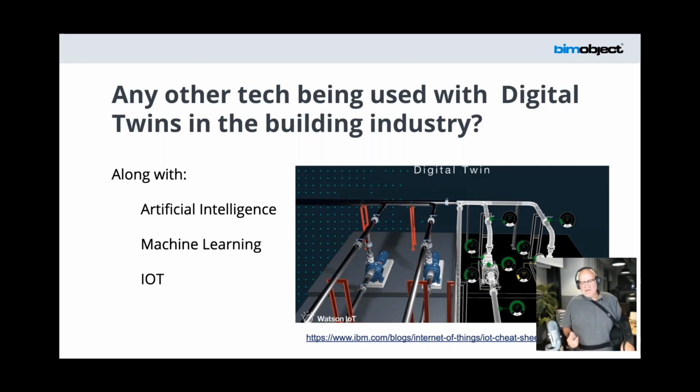IoT, Internet of Things. There we go, I brought in another acronym. Again, this is more what we might call disparate technology, but it's being leveraged in the facilities that we're designing, building, and managing every day. And I've mentioned this before, and I plan to have down the road a complete series on this.